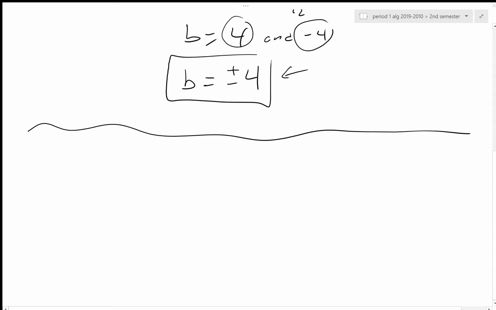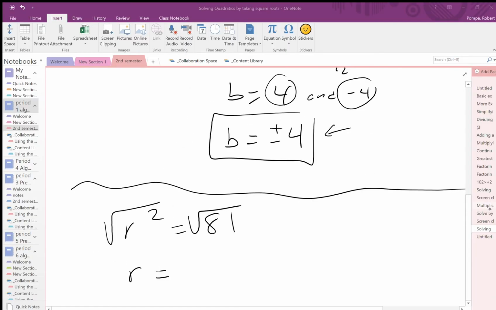Now, let me give you guys 5 easy questions to work on, like this type. R squared equals 81. Since there's no plus or minus here, then we just go into that step. Square root, square root. R equals, now what's the square root of 81? You have your multiplication chart.